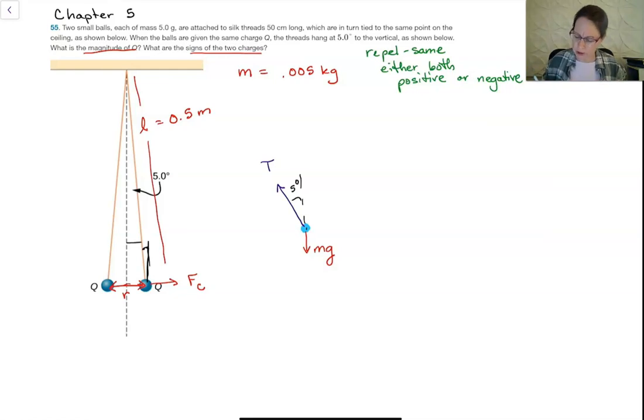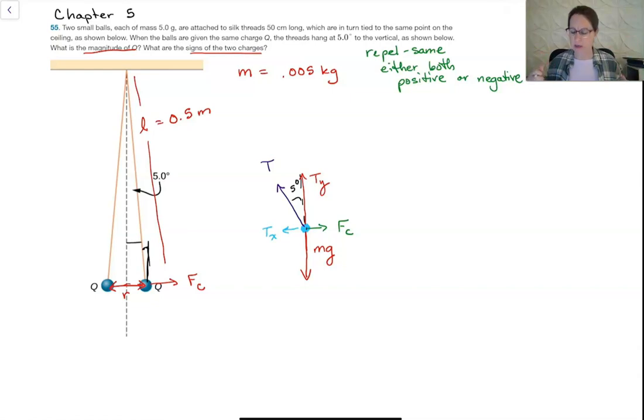So if we like, we can draw this in. This is our force Coulomb. And so what we can recognize, and I guess I should make this to scale, is that this mg is going to equal the y component of the tension, and the Coulomb force is going to equal the x component of the tension because they're not oscillating.